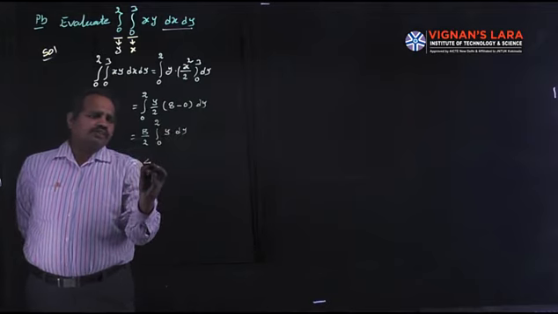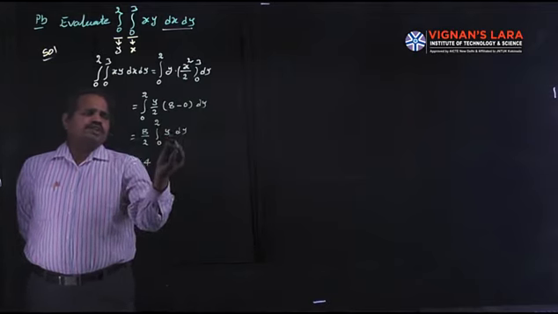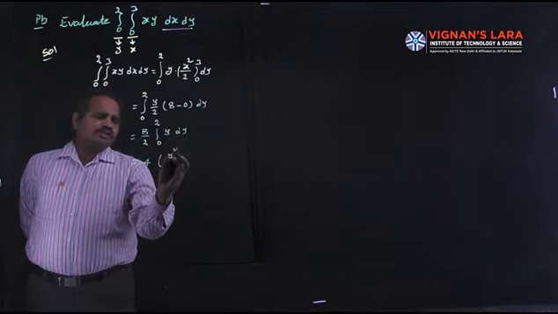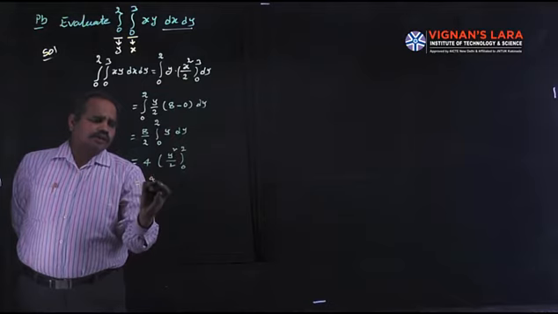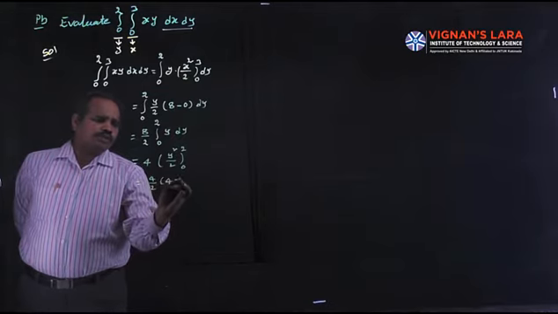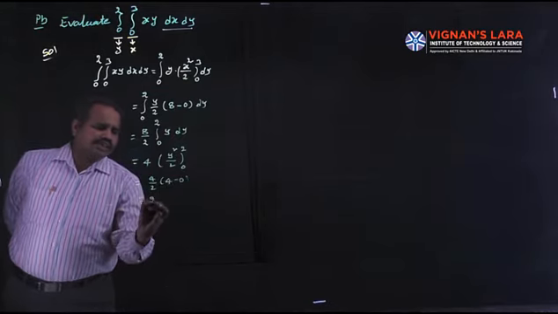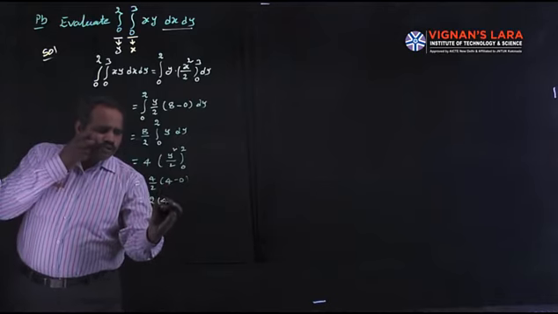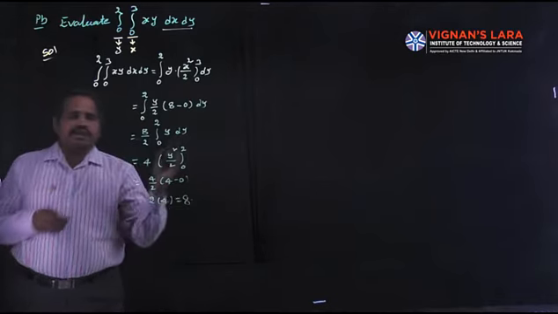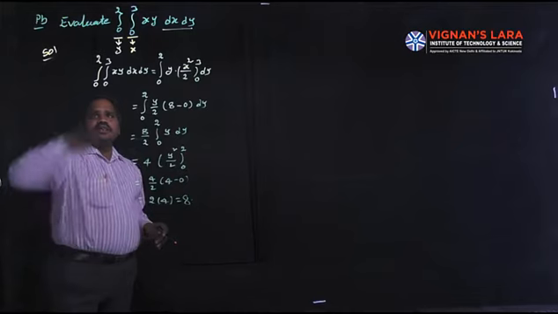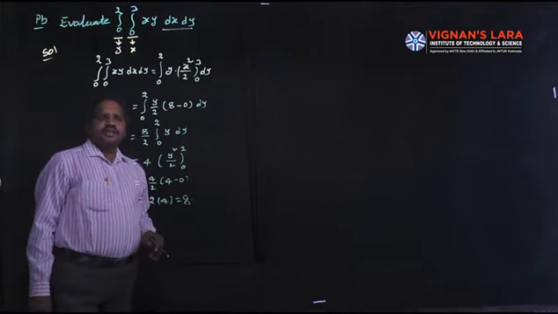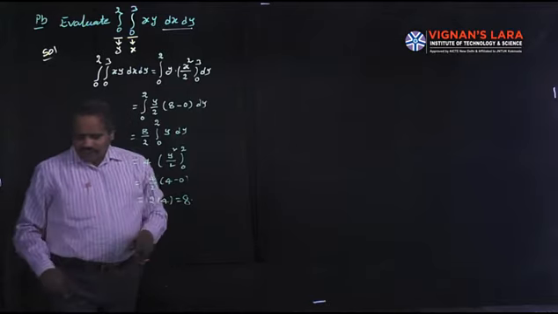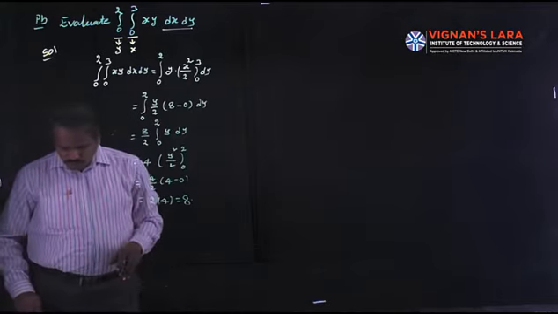The integral of y with respect to y is y square by 2, limits 0 to 2. Write 9 by 2 outside, upper limit 4, lower limit 0. The 2 cancels, 9 into 2 gives 9. So this is the value of the integral 0 to 2, 0 to 3 of xy dx dy. The value is 9.